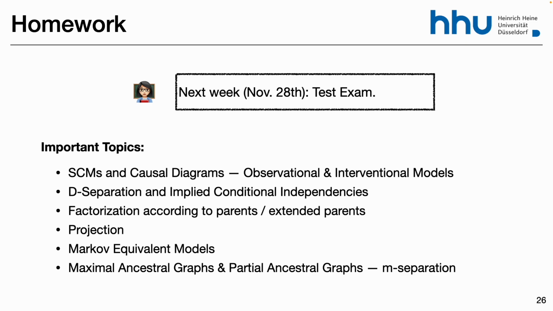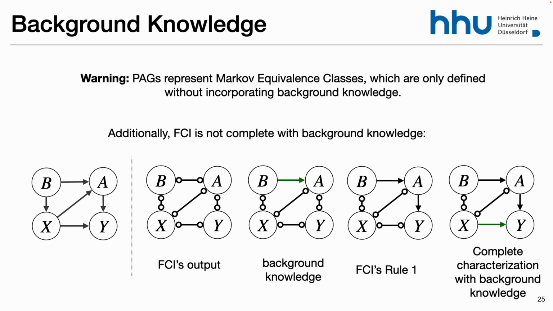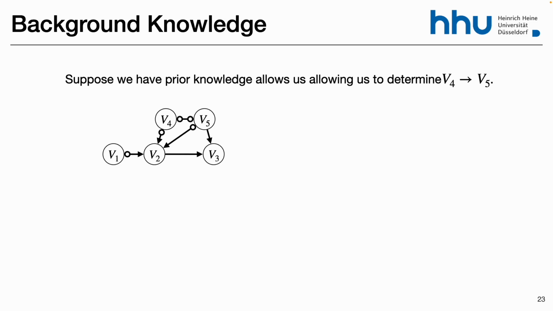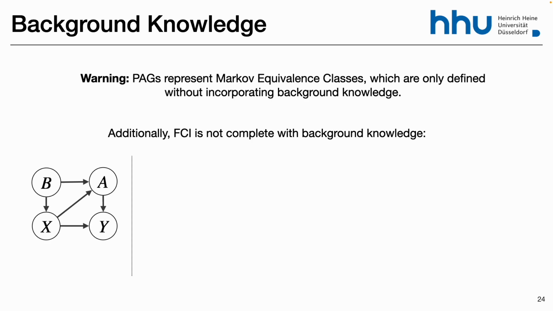You see that everything would be easier. And then you work with the projection, and you trivially get, for example, the fact that V2 is a cause of V3, and V5 is an ancestor of V3 without using V4. So working with projections is really useful in PAGs.